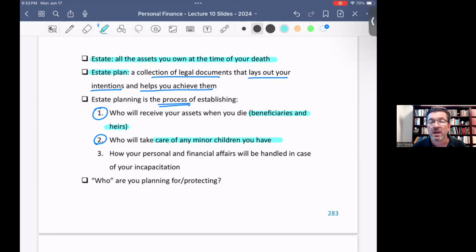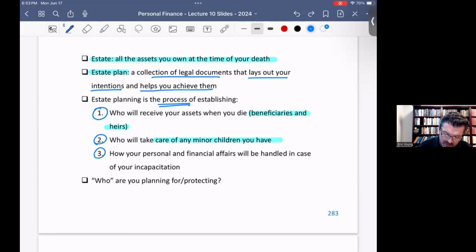So you, as the parent, will have to make decisions on what assets they will get if you die while your children are minors, but also who will steward and watch over those assets for them, because minors don't have legal control over them. In addition, who is going to raise your children if you and your partner die when the children are still minors?